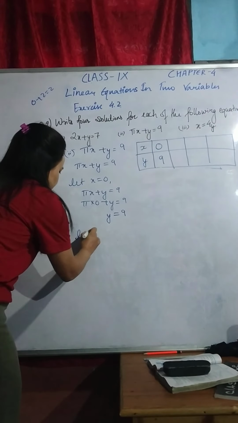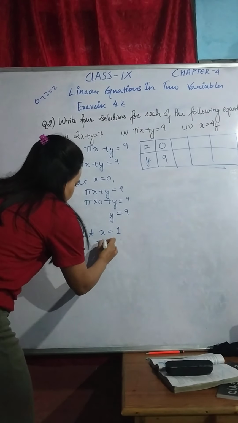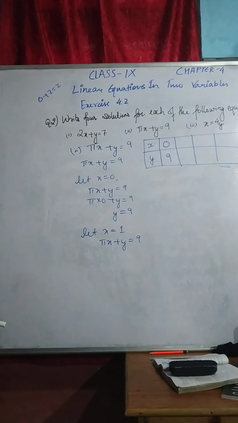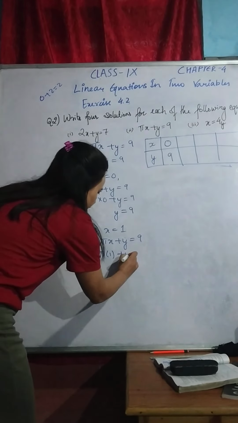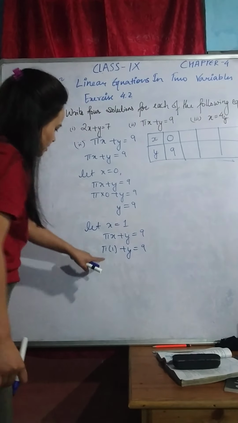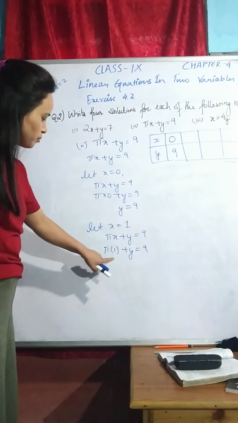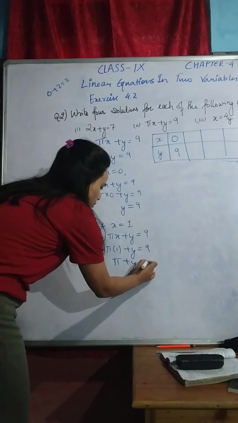Now let x is equal to 1. I'll write the same equation again. Pi x plus y is equal to 9. So in place of x, replace with 1, plus y is equal to 9. This is like 2 times 1 is 2, 3 times 1 is 3, 4 times 1 is 4. So pi times 1 is pi, plus y is equal to 9.